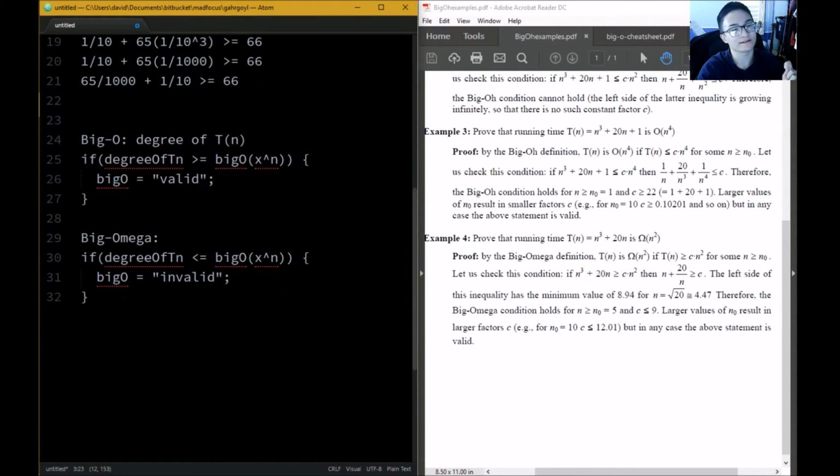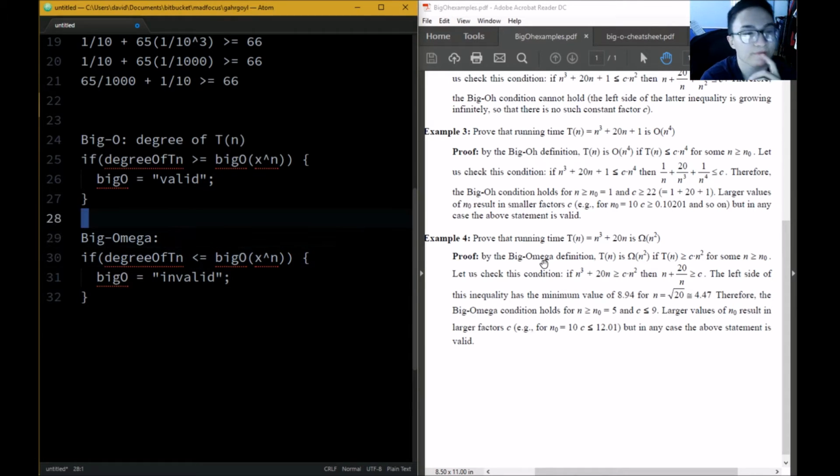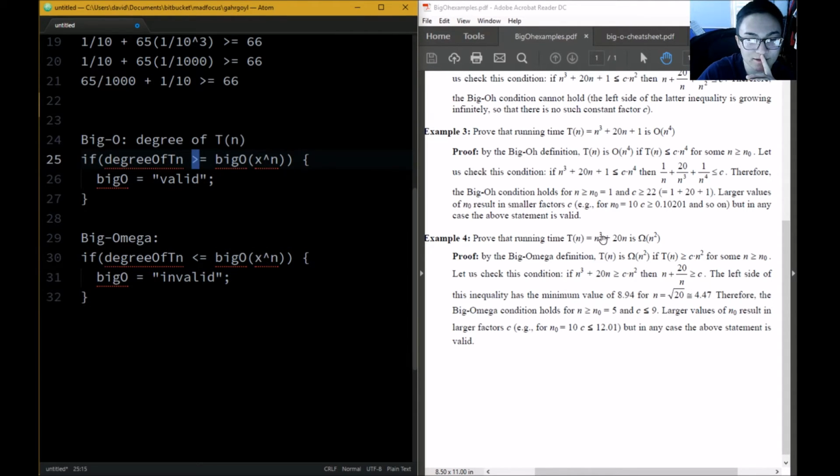So that means if the degree of T of n of the equation is less than, oh no, wait. Why are these backwards? The degree of T of n is greater than or equal to this. Oh, I think these are backwards.